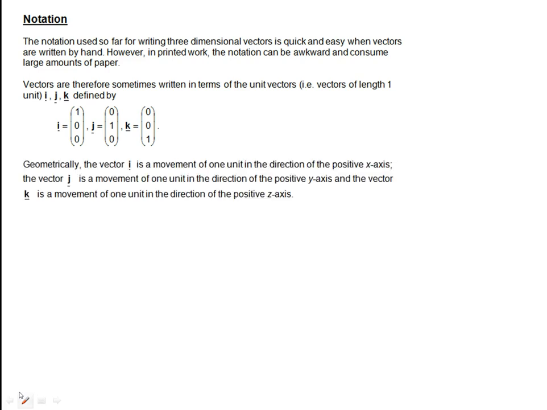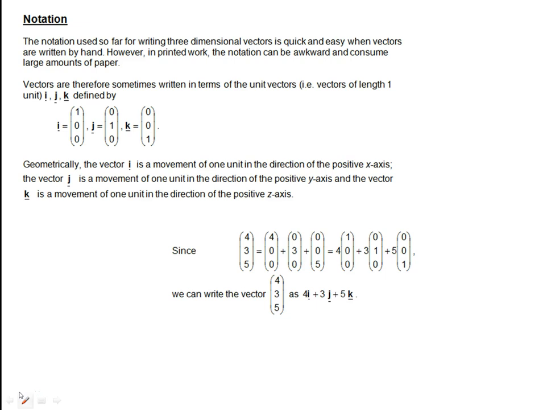Now if we do that, then geometrically the vector i is a movement of 1 unit in the x direction, vector j is a movement of 1 unit in the y direction, and the vector k is a movement of 1 unit in the z direction.